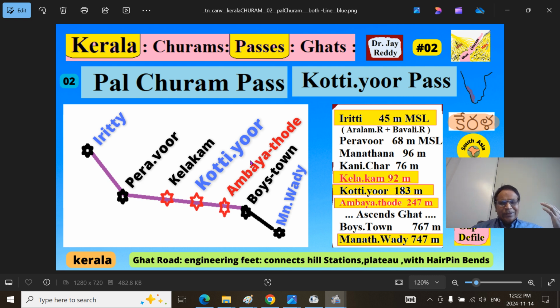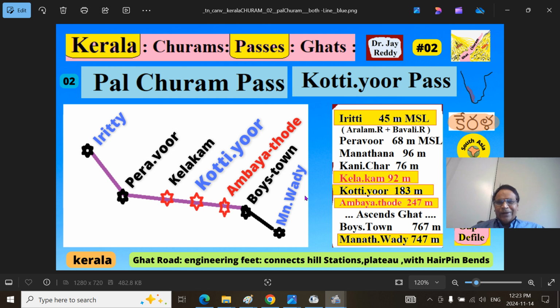That's where the Churam actually starts, ascends the Churam and goes to Boys Town, that is, we can say, the agglomeration of the ManathWady region. Remember, Wayanad is a plateau in the Sahyadri mountains or Western Ghats, the middle part of the Western Ghats.